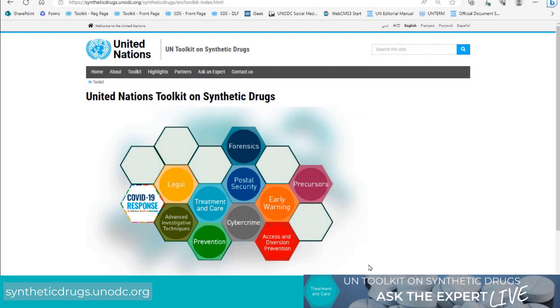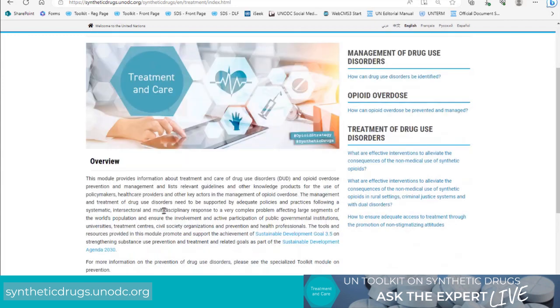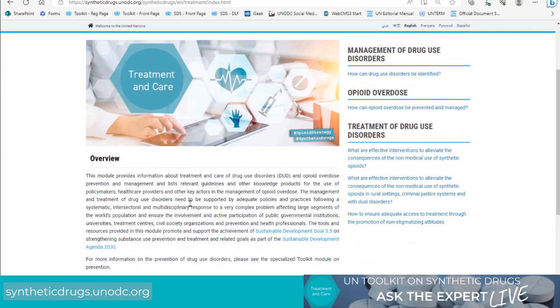As you know, today is about treatment and care, so I'll take you to this page. Here, each module offers sort of a summary about what's in the toolkit. Here we have treatment and care. So you see that the section is divided into sub-questions, focusing on drug use disorders and the management of drug use disorders, opioid overdoses, and treatment of drug use disorders.